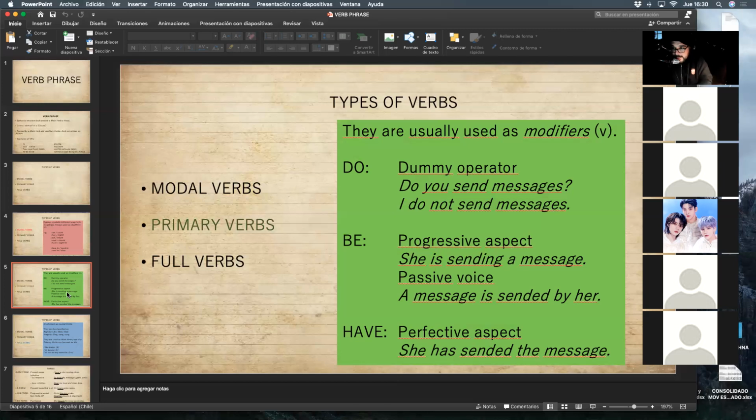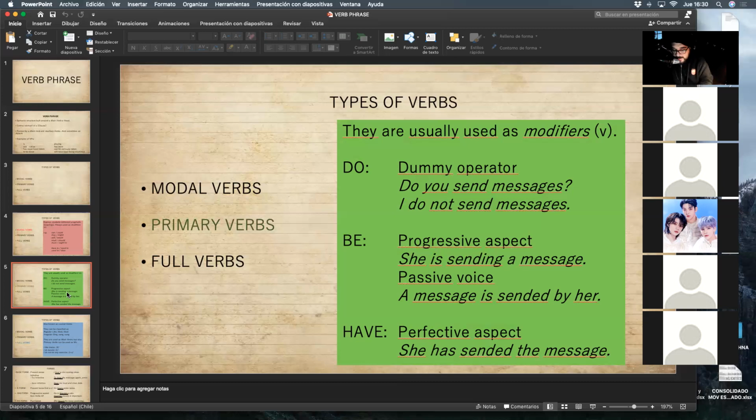In this case, as the first auxiliary is in its present tense, we call it present progressive. But if we find the verb be in its past tense, we will call it past progressive, and so on and so forth.